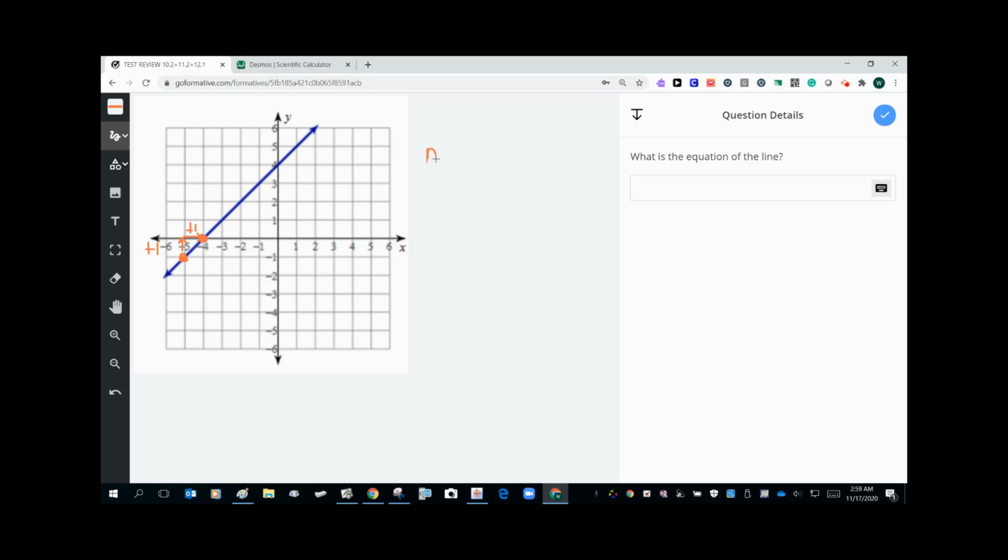So that means my slope is 1 over 1, and my b is right here at 4. So my equation is going to be y equals mx plus b. So my equation is y equals 1 over 1x plus 4.